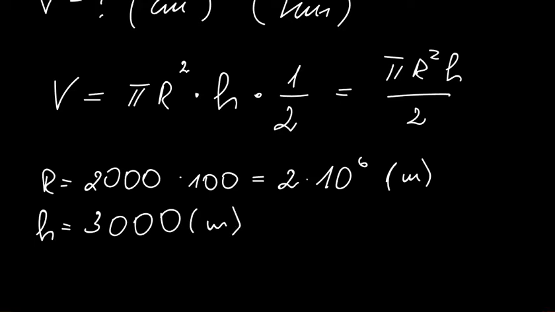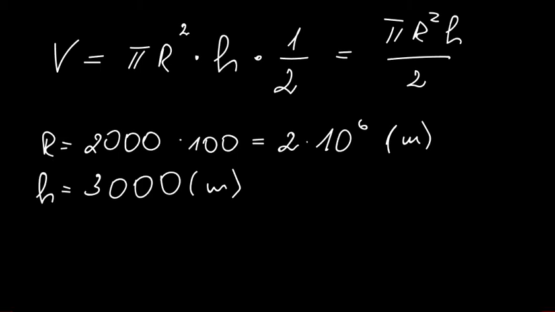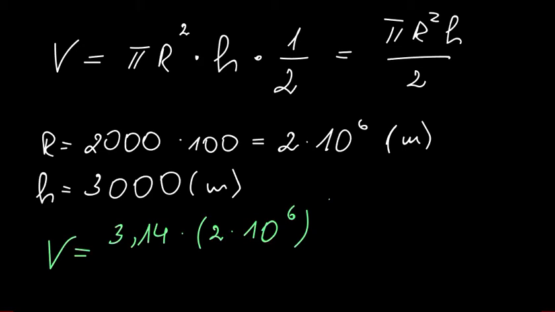So now we need to plug our numbers in here, and we get that the volume of the ice is 3.14 times 2 times 10 to the 6th power squared, don't forget this square, times 3000.